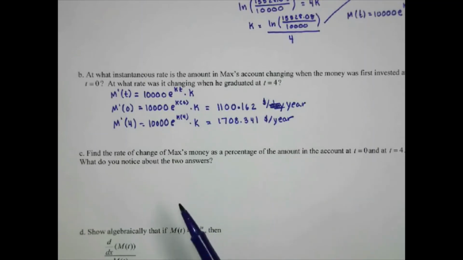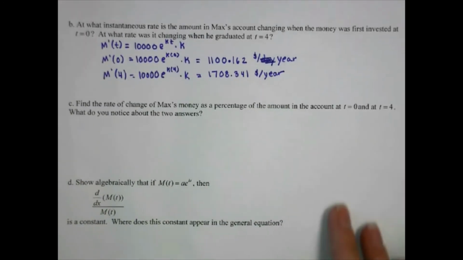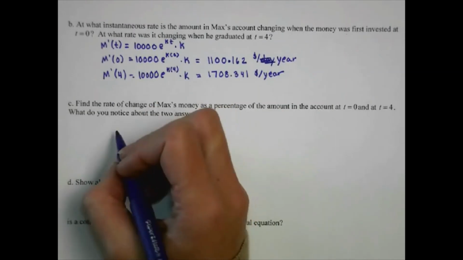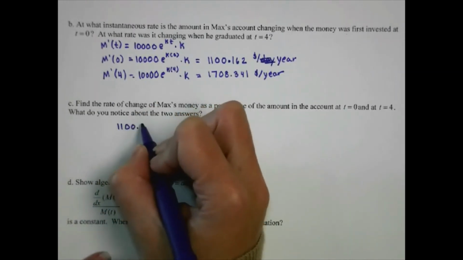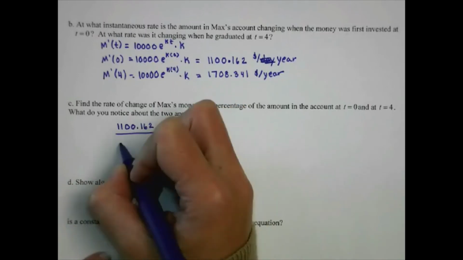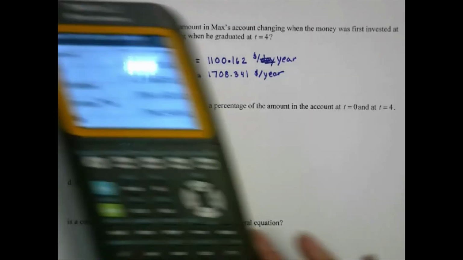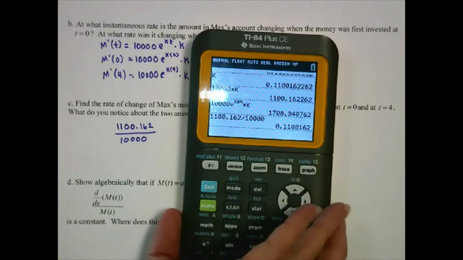For C, find the rate of change of Max's money as a percentage of the amount in the account. Okay, so we're going to do the rate of change at 0. So what percent of the 10,000 is that? Calculator, 1100.162 divided by 10,000 gets us 0.1100.